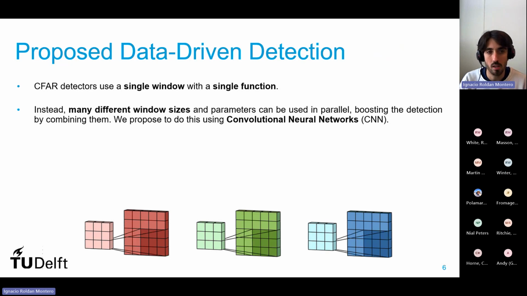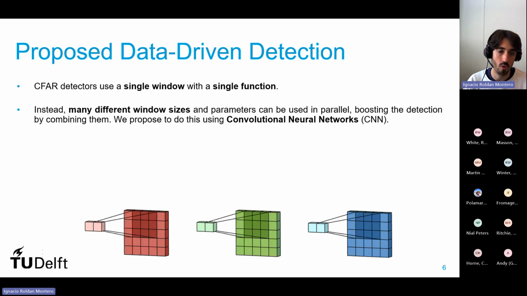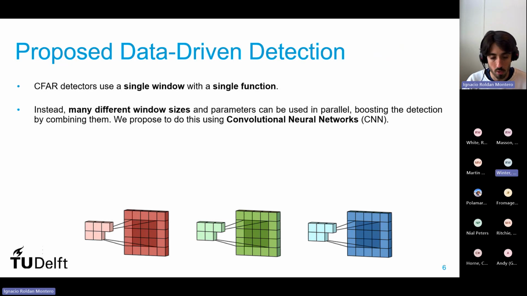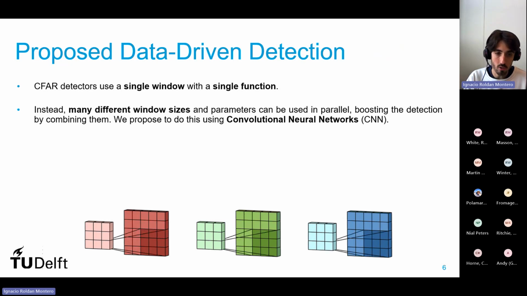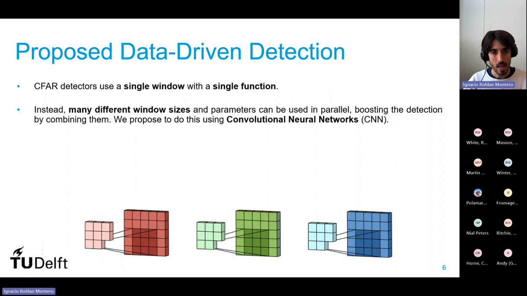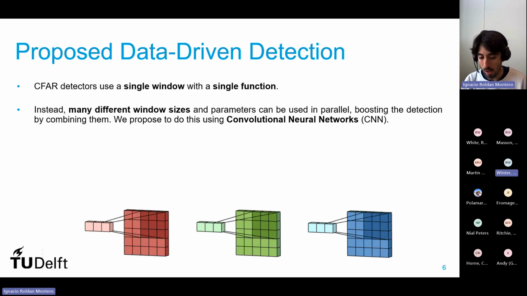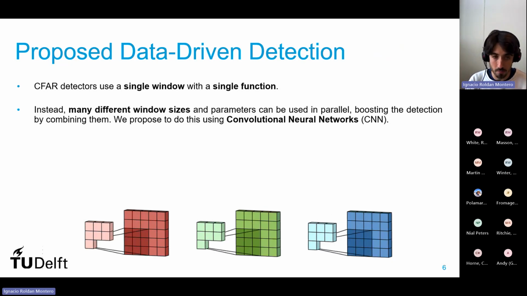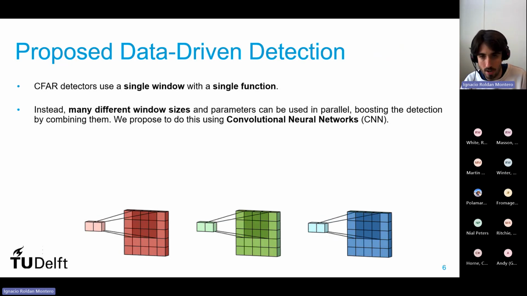So what if, instead of using a single window with a single function, we select many different window sizes, stack them all together, and let a machine learning algorithm find the right parameters for this? And if you think about it, this is a convolutional neural network.